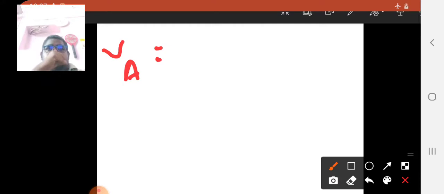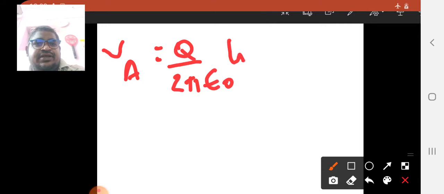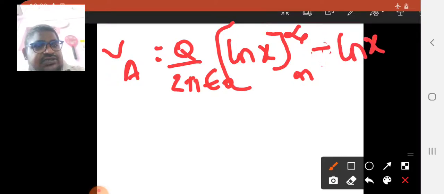If you simplify this, VA is equal to, taking Q by 2 pi epsilon naught as common, ln x with limits r to infinity, sorry, it is not plus, it is minus, ln x with limits d to infinity.